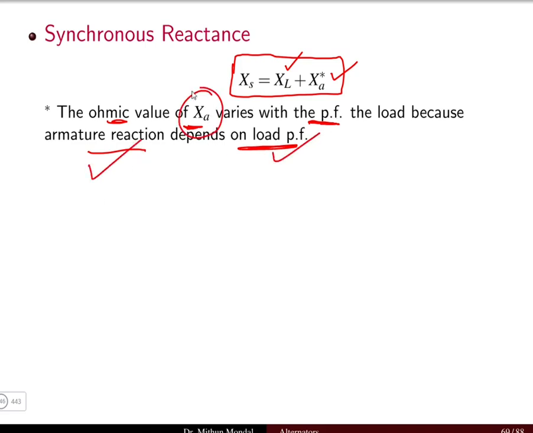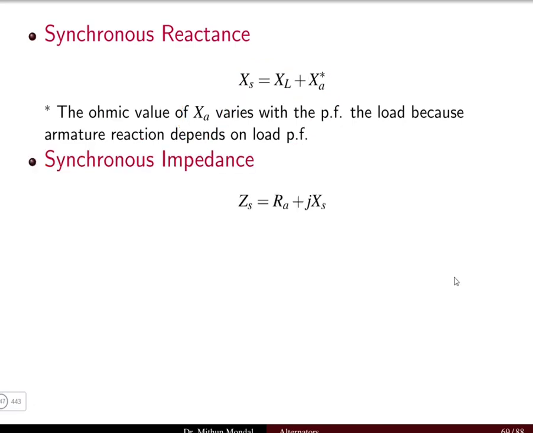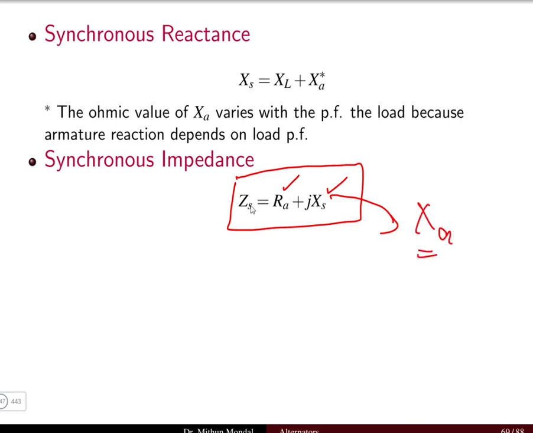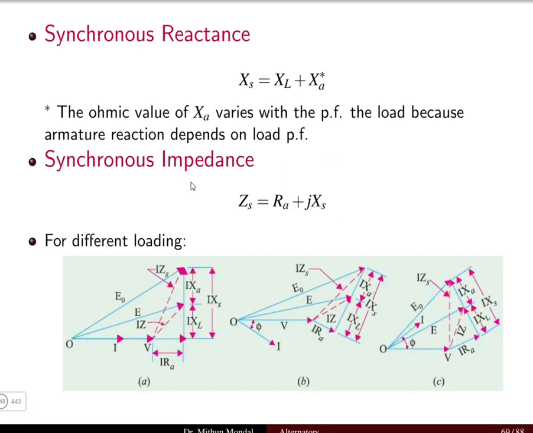This changes the value of XA, that is the armature reactance. It means the synchronous impedance of the machine, which is the vector sum of the armature resistance and the synchronous reactance, basically depends on the armature reaction, because the value of XA will change when there is a change in the power factor of the load condition.